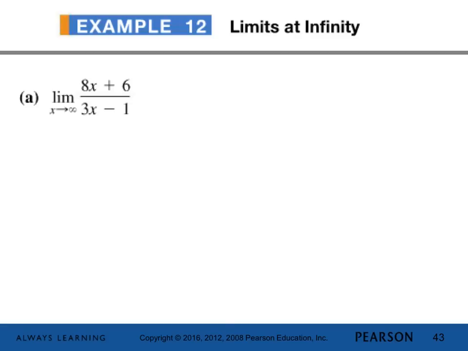Because the way that you approach things, and this only works when x approaches infinity, the way that you do this is the first thing you do is you find the highest power of x in the denominator, not the numerator, in the denominator. And you divide through that entire expression by that power of x.